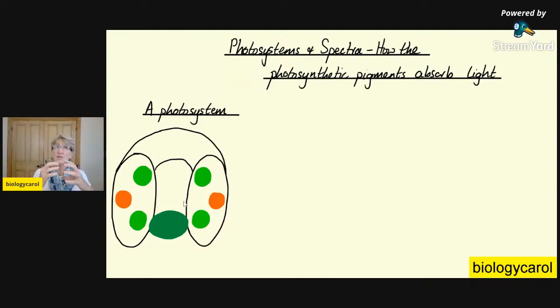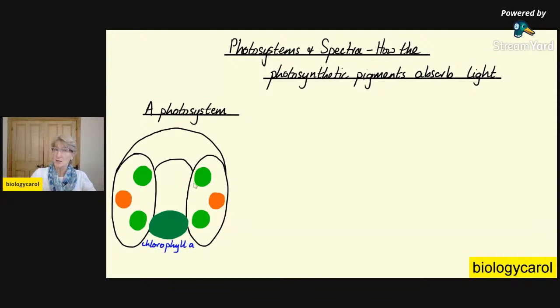So they're kind of all bundled together, and they are then fixed again, put into the thylakoid membrane. We're going to go over all of this in a minute. But the photosystem is where the photosynthetic pigments are, and they're just bundled together with a load of protein as well. Don't worry too much about that.